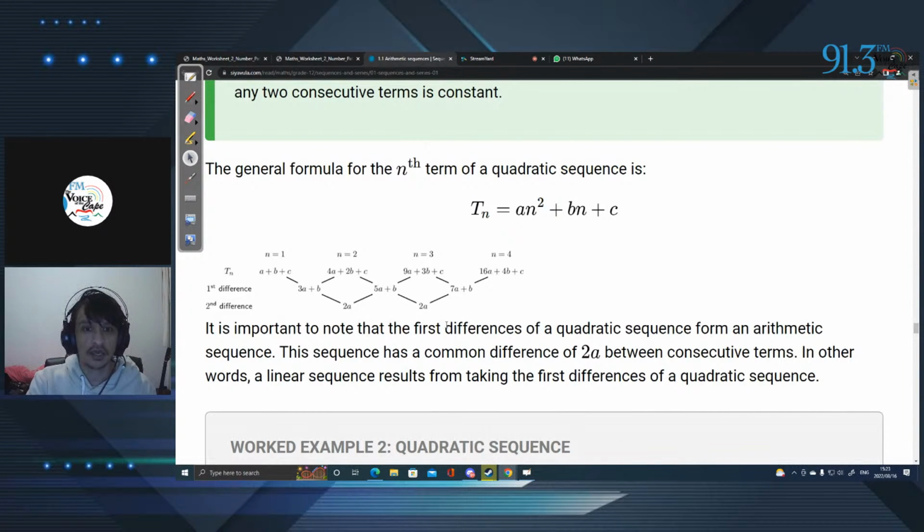If you remember this diagonal, a plus b plus c for Tn, first difference 3a plus b, and second difference 2a, you are already halfway there to figuring out your answer. However, if you do forget it, you can derive this information from this equation, as we just looked at how they derived it. Now, let's jump into the question, because we're going to need this information to solve the problem.